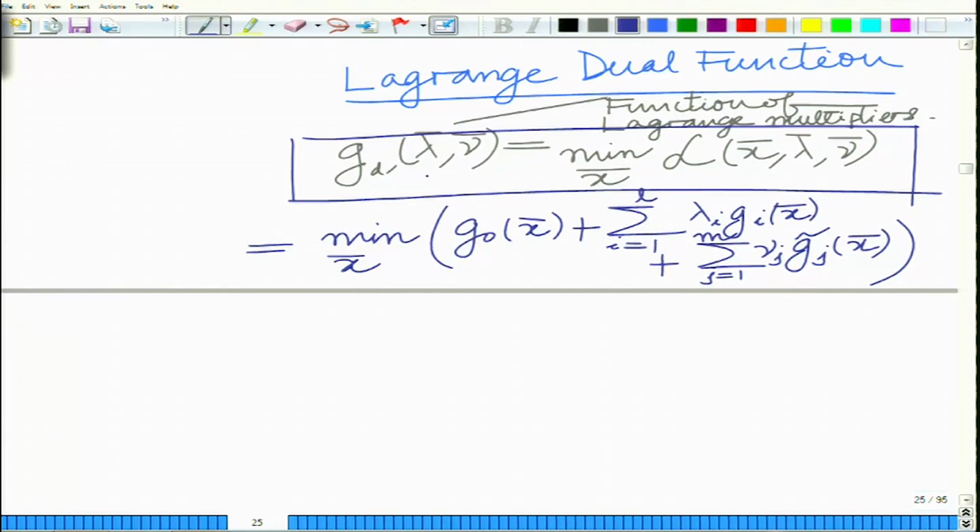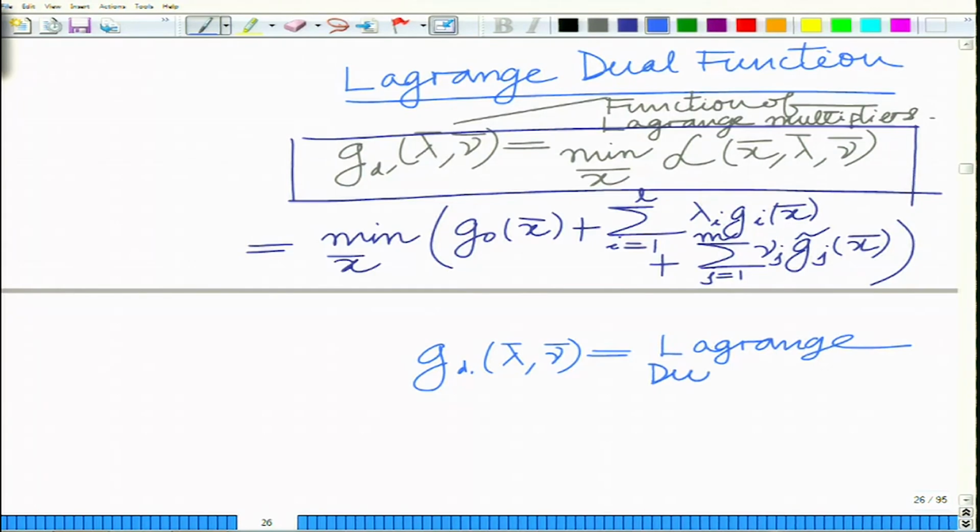This is the Lagrange dual function, g D of lambda bar, nu bar. This is the Lagrange dual function corresponding to the possibly non-convex problem.